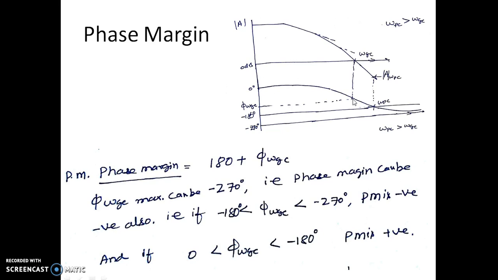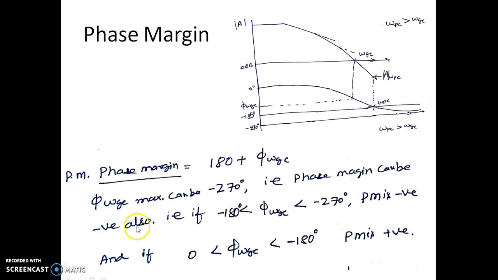Since it is minus 160 or 150, the phase margin happens to be positive. Now you can see phase margin is 180 degrees plus phi of omega gc. So phi of omega gc maximum can be minus 270 degrees.